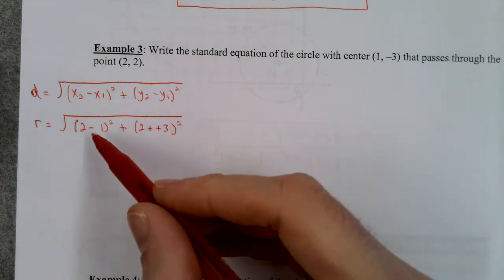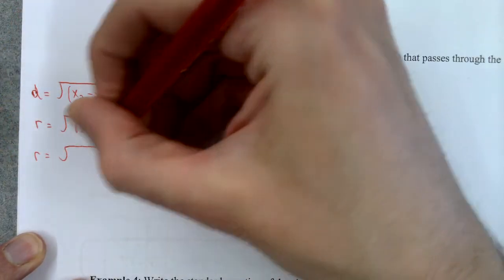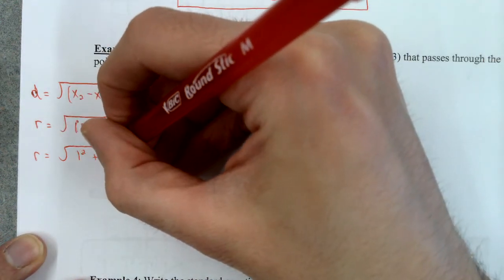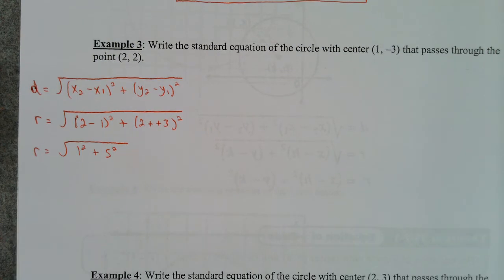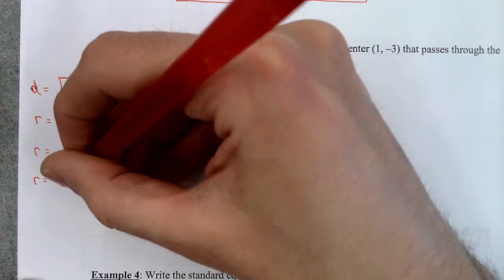2 minus 1 is 1, so 1 squared, plus 5 squared. That's 1 plus 25, which is 26.